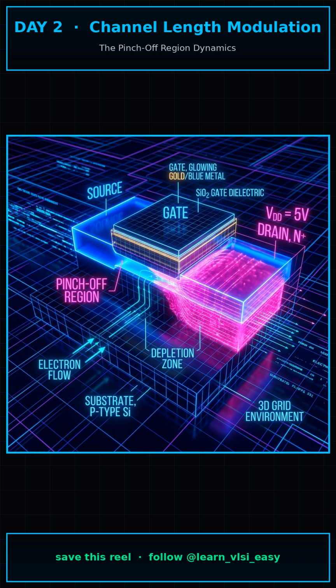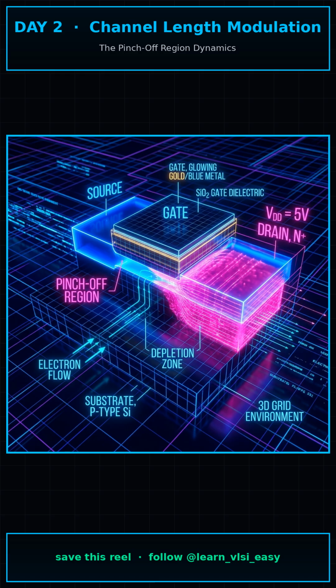To understand the VTC's high gain, we must examine channel length modulation. In ideal textbook models, once a transistor enters saturation, its drain current remains perfectly constant regardless of how much higher the drain voltage goes. However, in reality, as you increase the drain voltage, the depletion region around the drain expands.